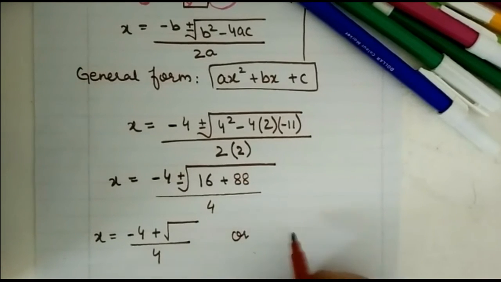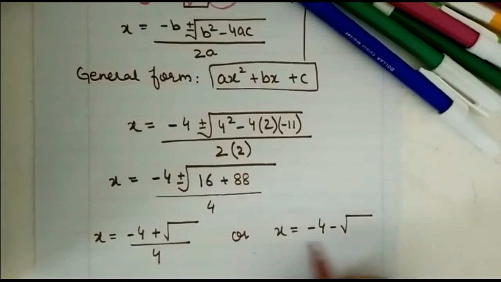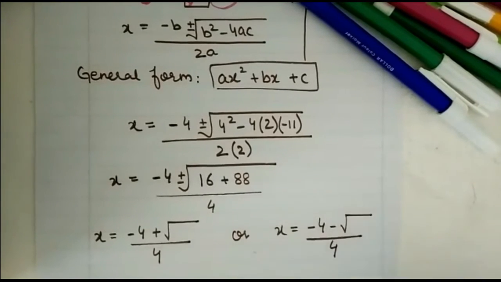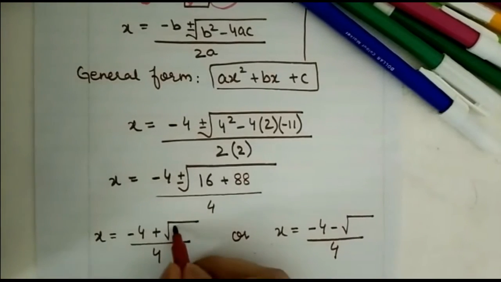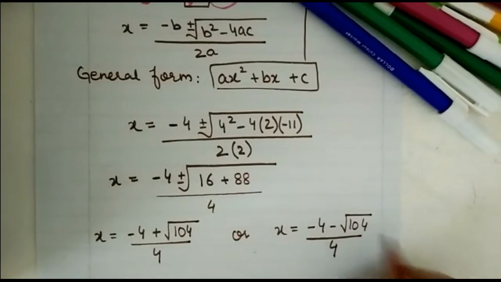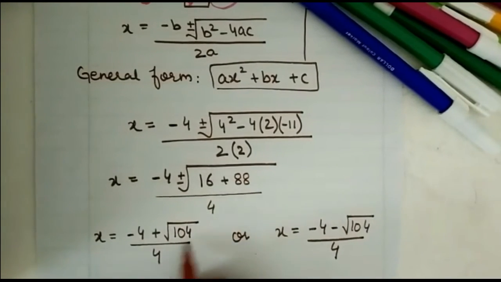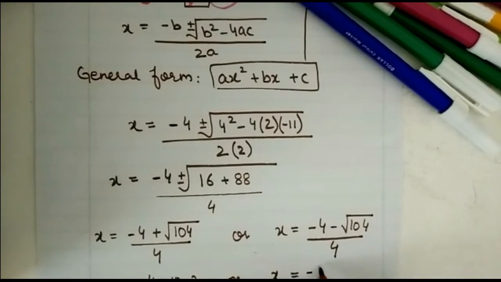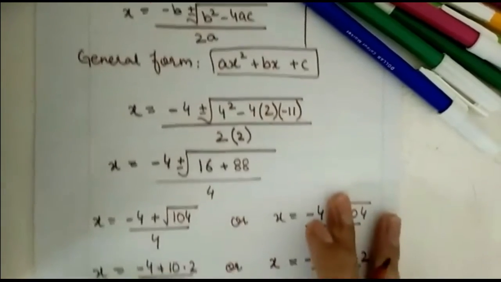or with a negative sign and this. I get 1 under root 104. Now solving this under root in a calculator, I get the value 10.2, so x equals minus 4 plus 10.2 over 4, or x equals minus 4 minus 10.2 over 4.